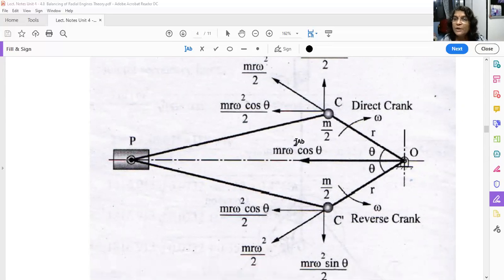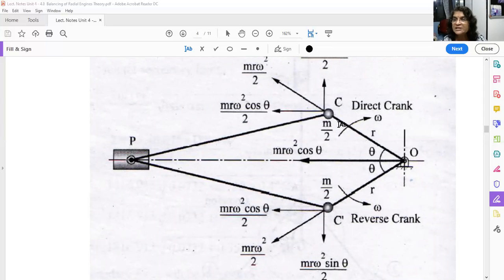Okay. So if we imagine half mass is placed at the direct crank, half mass is placed at the reverse crank, these two components of the forces are balanced, but these two components will be added and it will produce the same unbalanced force mr omega square cos theta.